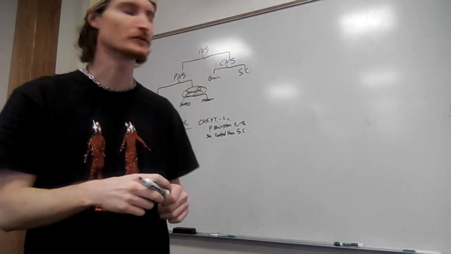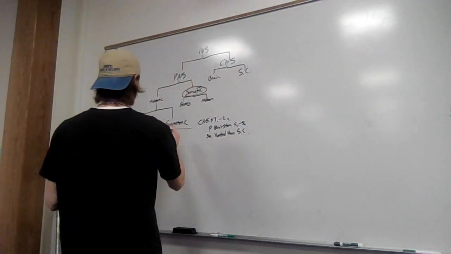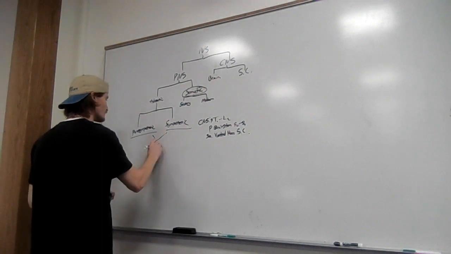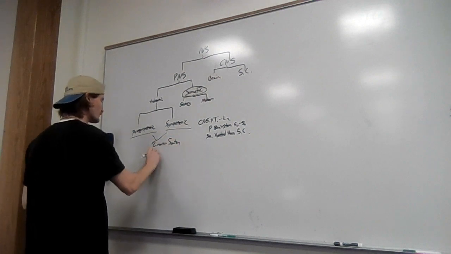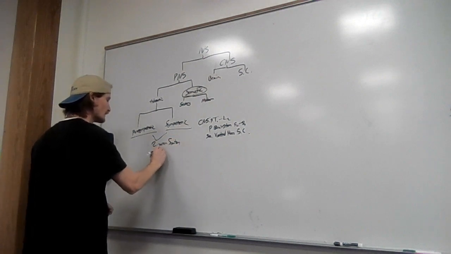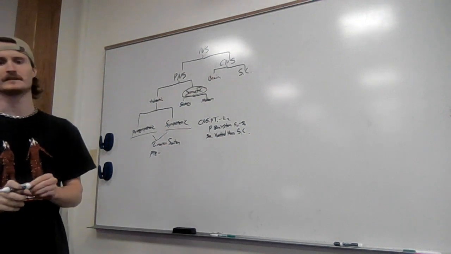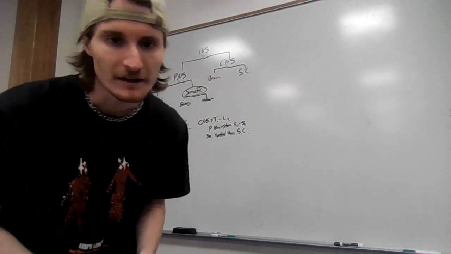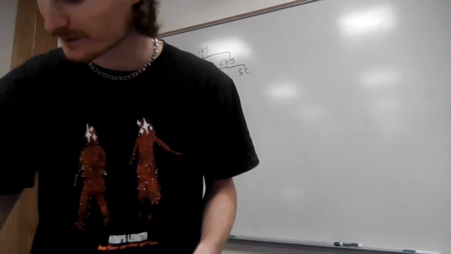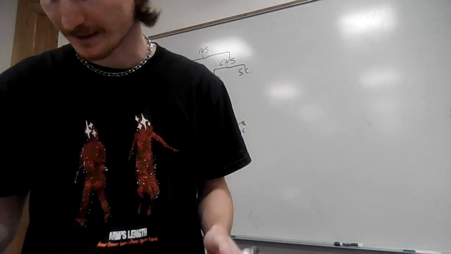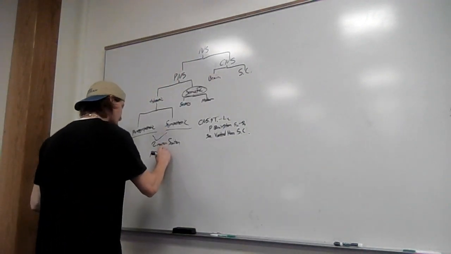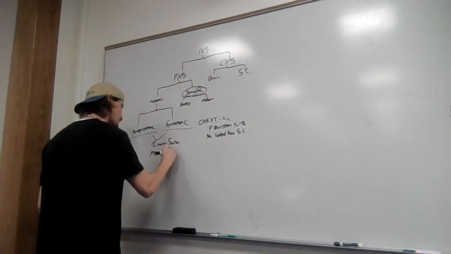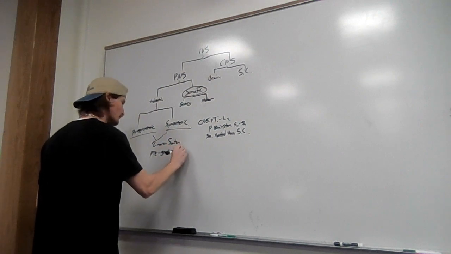All right. What else do we have? Number of neurons. Sympathetic and parasympathetic are both a two-neuron system, meaning they have a preganglionic and a post-ganglionic neuron.